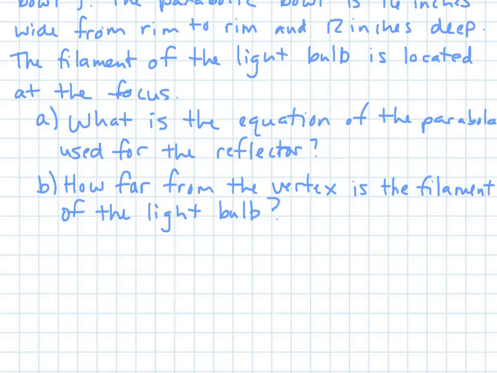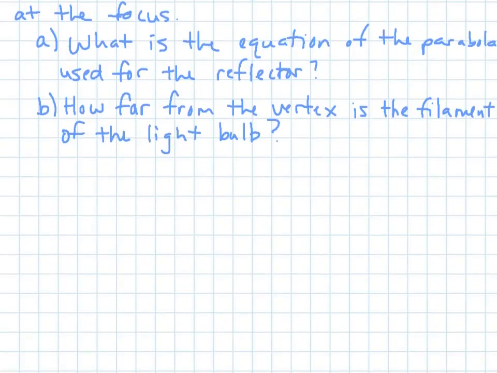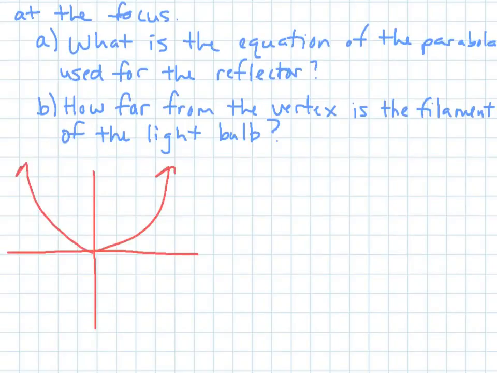So we want to be able to write the equation. So let's draw a picture to help us describe this. Now, it doesn't matter which way you orient it. You don't even have to be super descriptive on this. We want to cut these out because they're just a bowl here.